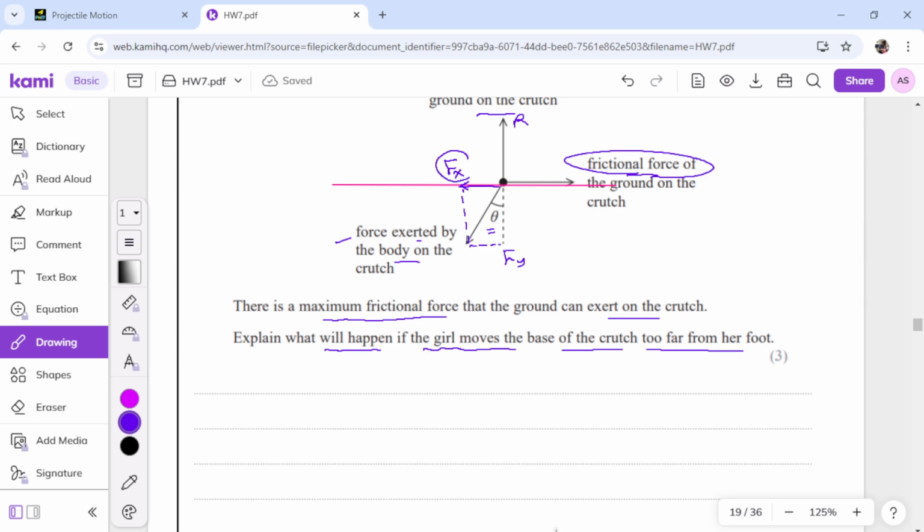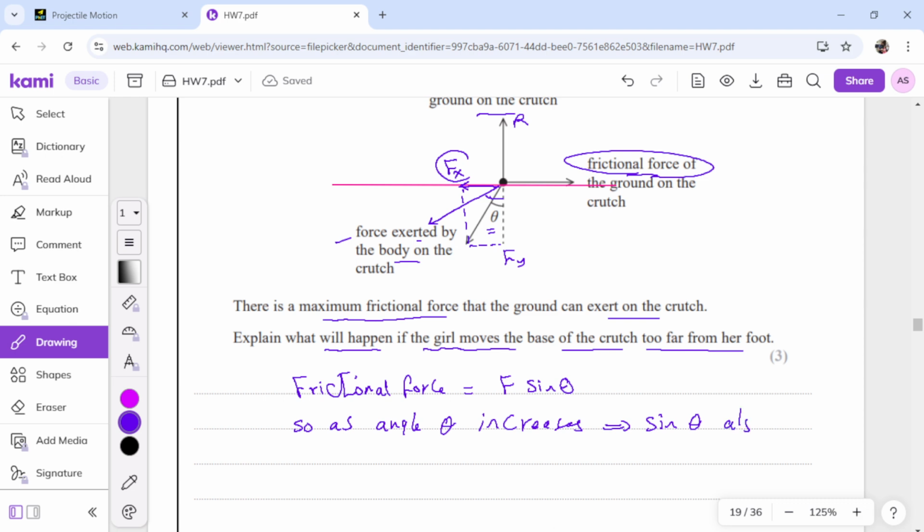So frictional force equals F sine theta. And he said what will happen if the girl moves the base of the crutch too far? It means like this. So if she moves it too far, the angle will increase. So as angle theta increases, what happens? Sine theta also increases.